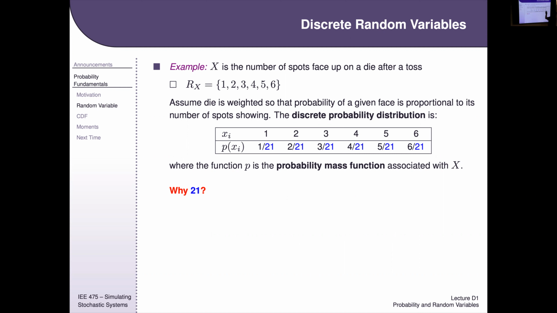And so we've got that rolling a 6, getting 6 dots, is 6 times as likely as getting 1 dot. And so I've got 1/21 versus 6/21. We're saying that the bottom row here is the probability mass function, and the two of these things together, the outcomes and the PMF, we're calling the probability distribution.